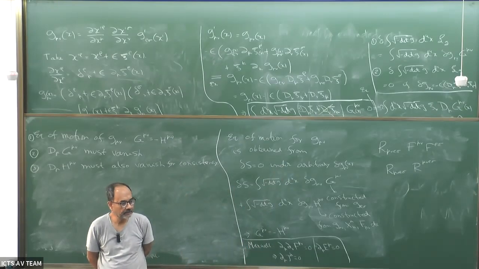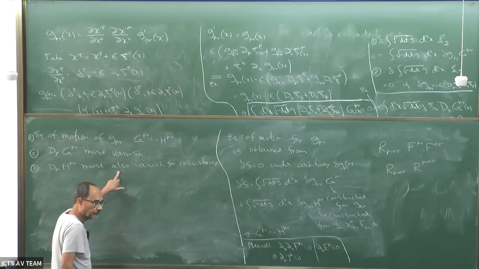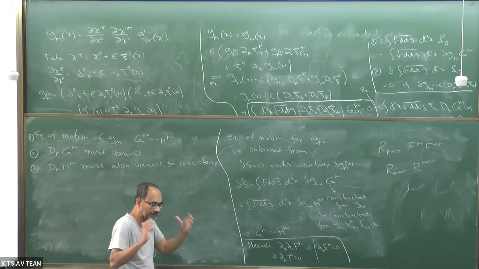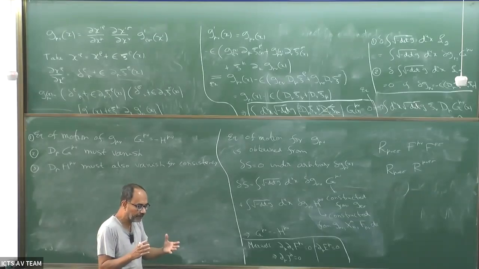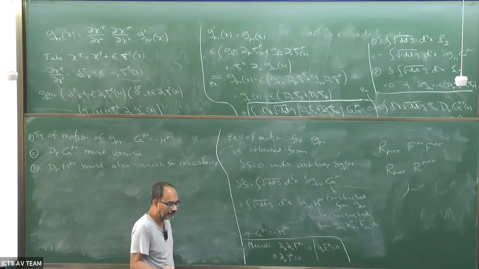This thing just requires that we consider the equation of motion corresponding to this last thing. It was a consequence of just considering the equation of motion for g_μν. But this is a consistency condition, so why should we expect that things will be consistent unless you have imposed all the equations?